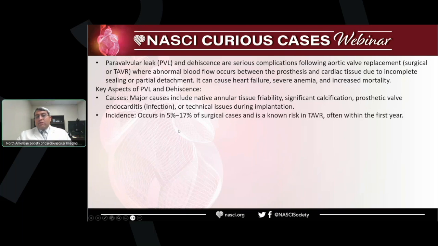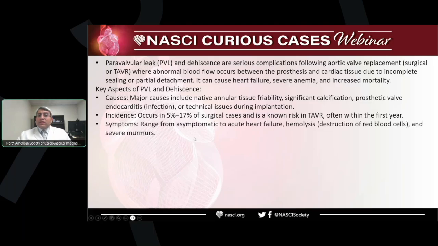The incidence is 5% to 17% of surgical cases and is a known risk of TAVR, often within the first year, because TAVR is usually implanted in a very calcified valve. When TAVR goes in place, it can crush the valve and cause tears around these calcifications and cause complications. One of them is this one.